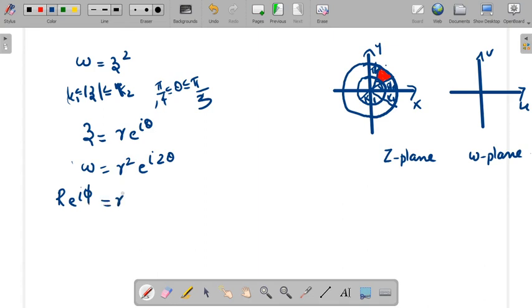So R e raised to i phi equal to r square e raised to i 2 theta. So what we get is R equal to r square, phi equal to 2 theta. ഇതാണ് നമുക്ക് കിട്ടുന്നത്.